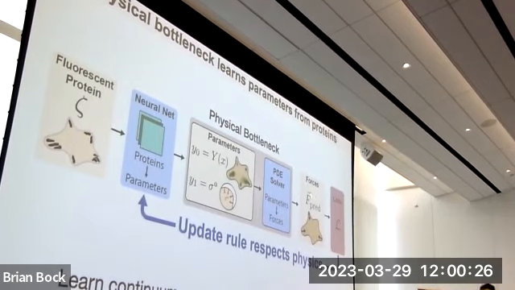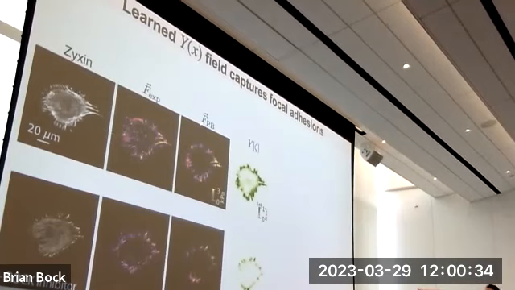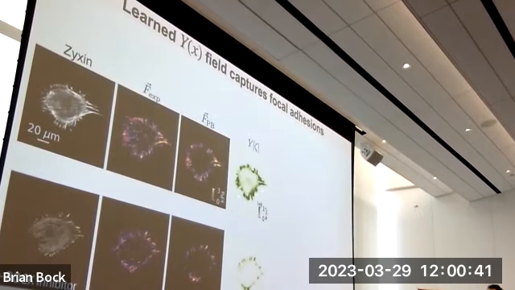And then we are guaranteed that this updated architecture respects physics, while being able to learn this field, which is unknown to us. And so this physical bottleneck approach allows us to make predictions that are still in very good agreement. It allows us to extract this adhesion field, and it continues to behave well, even when we apply biochemical perturbations like these.